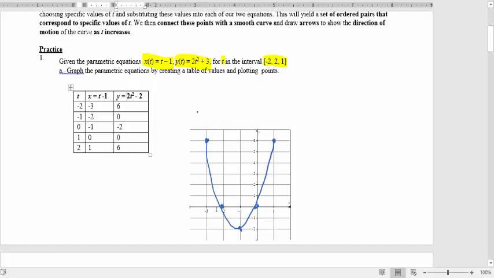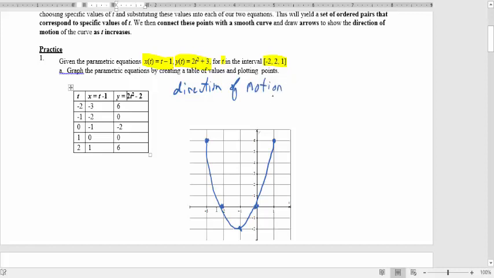Yes, but when t is between -2 and 2, this is the only portion of the curve that I have. So you have to notice what your t values were. And the other thing is, you always want to label what's known as the direction of motion.